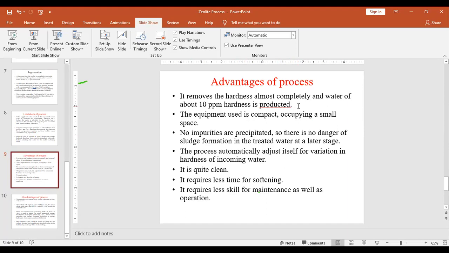Okay, the equipment used is compact, occupying a small space. No impurities are precipitated, so there is no danger of sludge formation. म्हणजे आपण बघितलं की लाईम सोडा मेथड मध्ये huge amount of sludge is going to be formed, and that has to be removed or treated by applying some specific treatment.